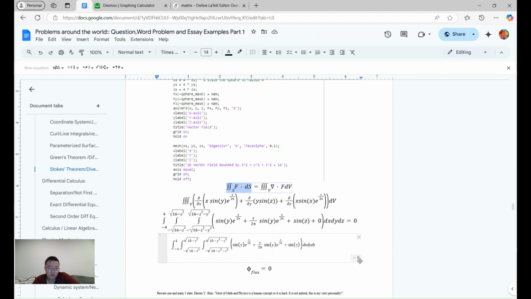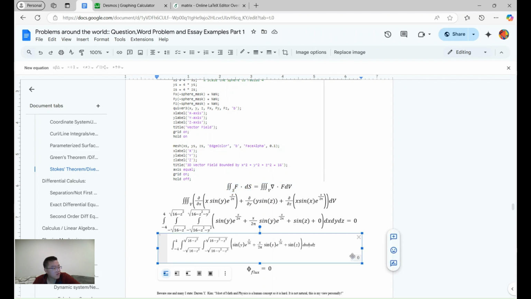If this is zero, then it's conserved, right? Is flux conserved when it's zero? No, it's not conserved. The vector field doesn't have to be conserved if that is conserved. If the flux is zero, does it? Not sure. I should probably double check that because I think it's determined by a curl.